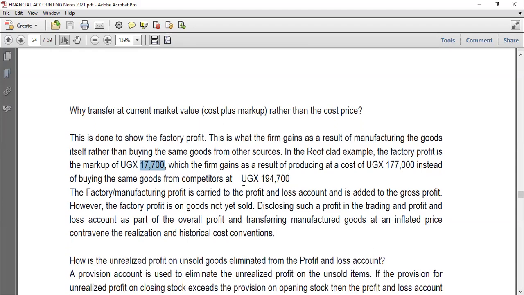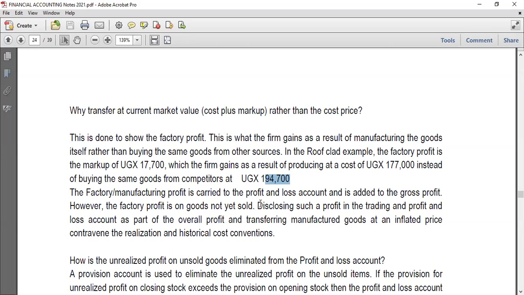Yeah, so the dilemma now comes here, like I've indicated, that the factory profit is only realized when we actually sell, okay? So us transferring this stock inventory at 194,700 to our P&L means that we are even overstating our profits, if at all some of these goods have not yet been sold, okay?